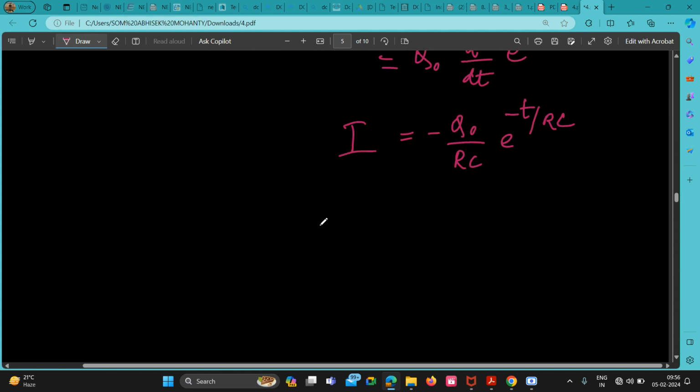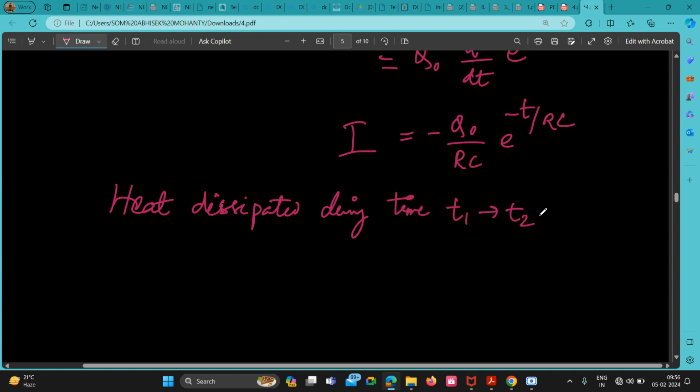So heat dissipated during time t1 to t2 will be what? Heat formula is H is equal to integral of I square R dt, t1 to t2.